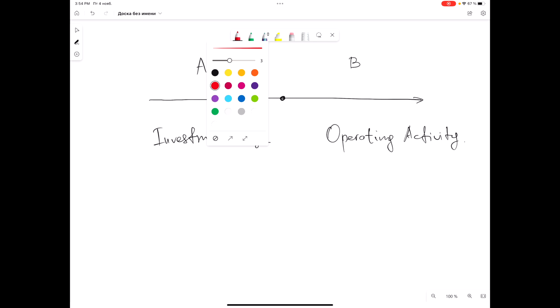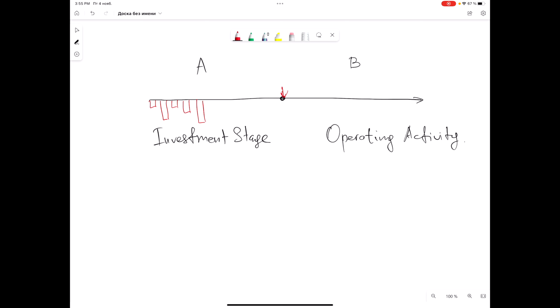So what is interesting about stage A? Stage A is a period when you have only expenses. So before you have the revenues, you start spending monthly sums of your money before you get the first revenue. So during the first period, stage A, investment stage, you have only expenses.